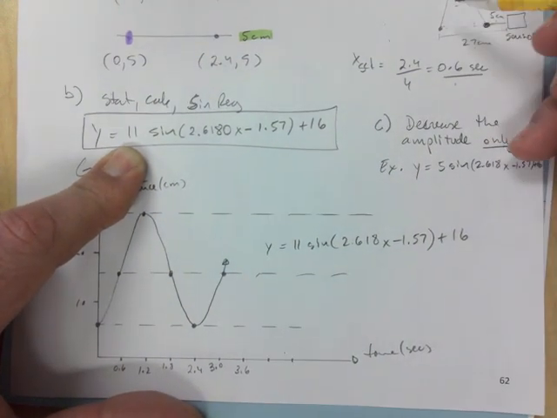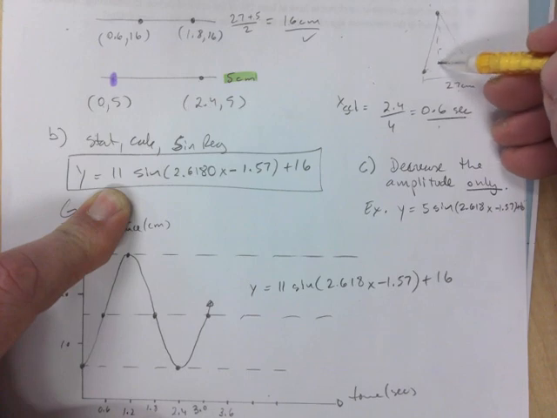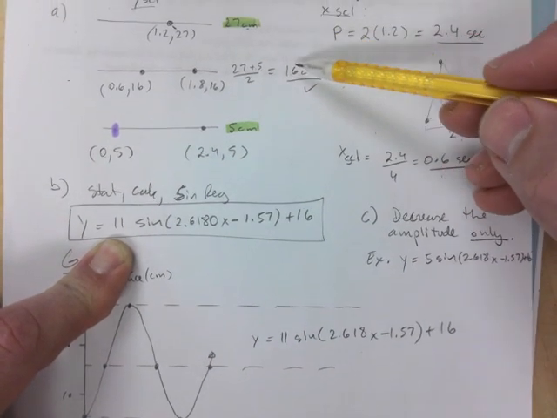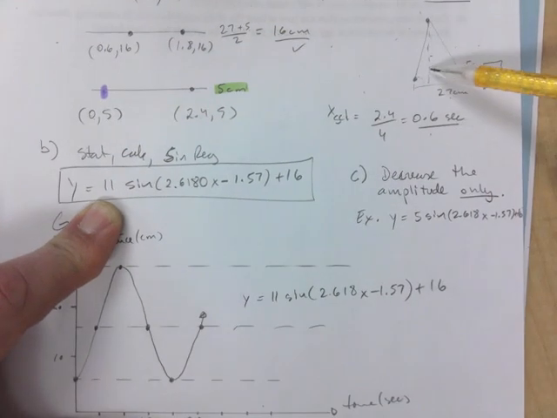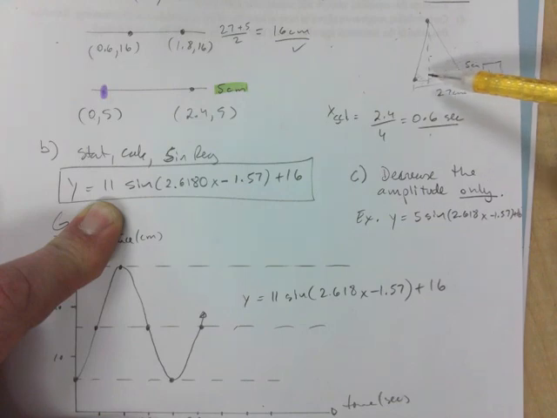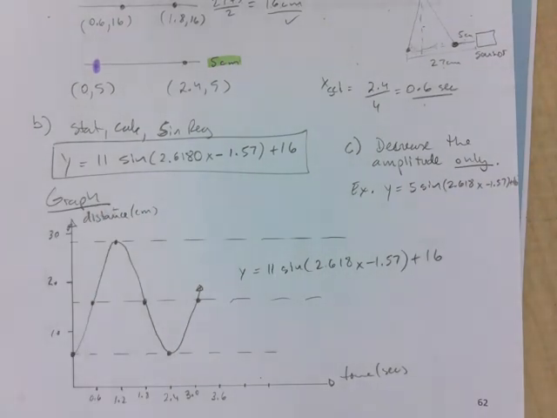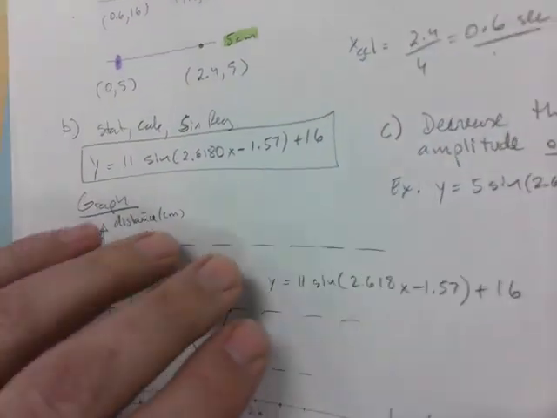Because the idea is that the resting point of 16 is like your mid here. That would stay the same. It's just that now it's swinging less back and forth. So the max and the min is affected only, right, by that. So here we go. Hope that made sense.